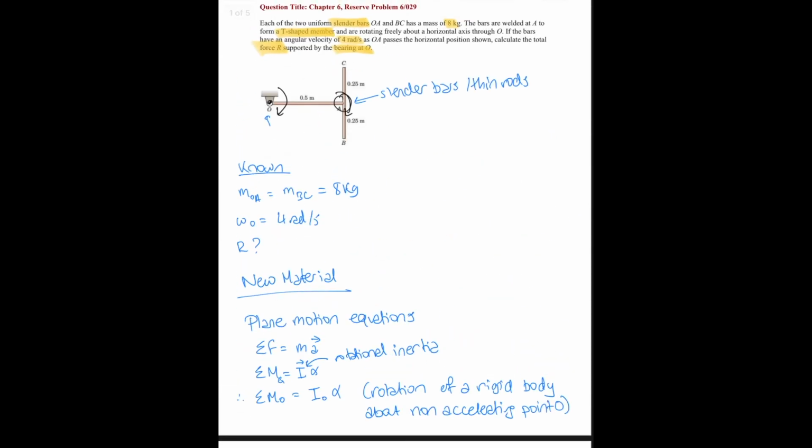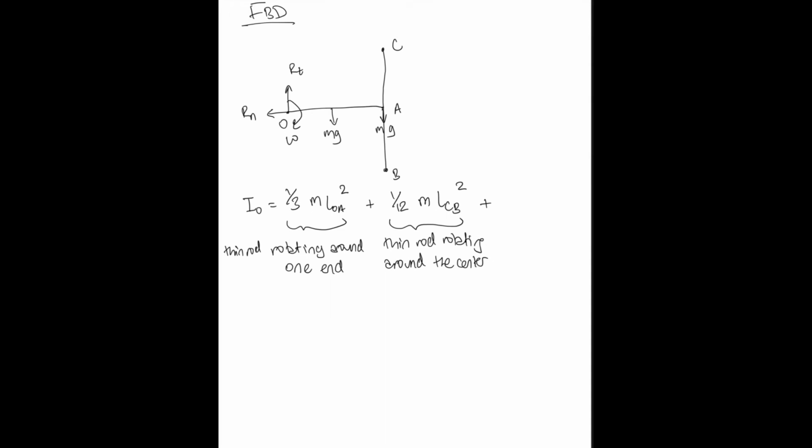However, this is rotating around A, and we want to find the inertia around point O. So we're going to have to translate the inertia of A relative to O. It's like we have to move that rod towards O. The equation for that is m l squared, and this equation over here is the inertia of point A relative to point O.